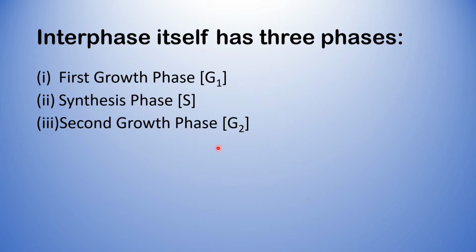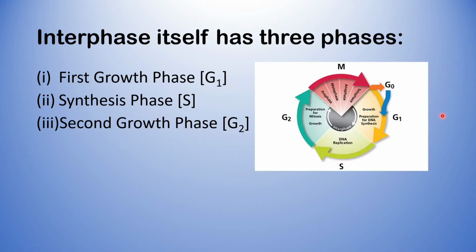Here is the diagram of the cell cycle. This is the mitosis phase, and G0 I will discuss later. This is the G1, or first growth phase.